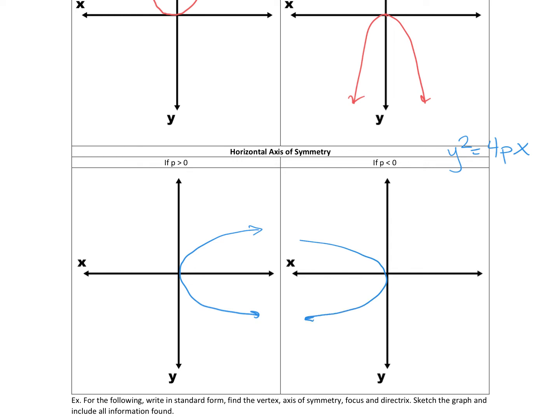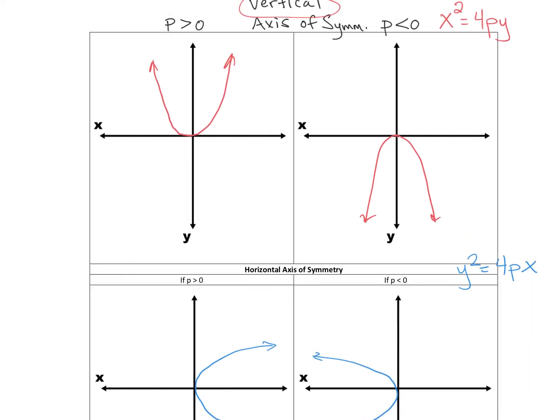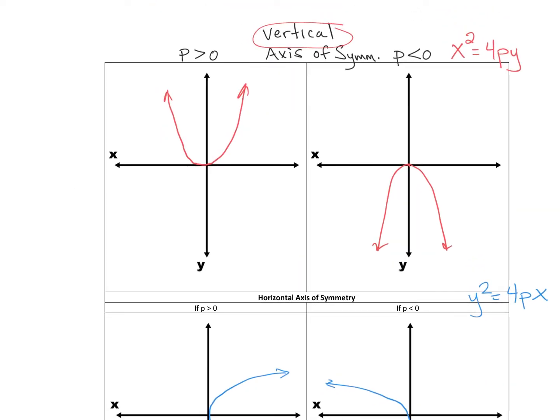Now, for each of these, if we have our point, in this case (0, p), our directrix will be an equal amount behind it, and since it crosses the y-axis, it will be y equals negative p.